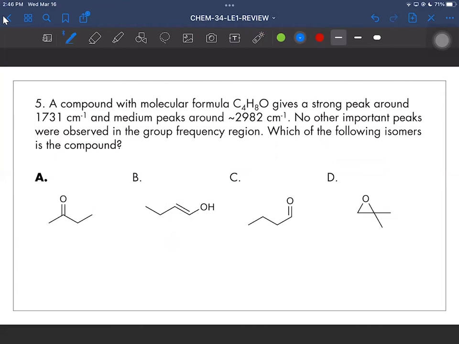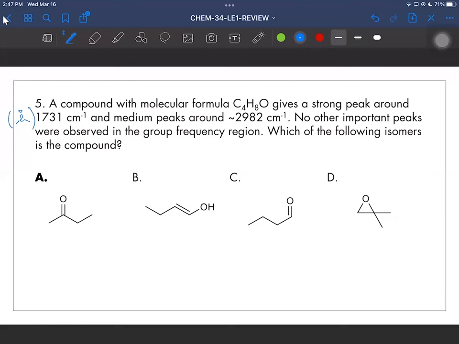The first data of 1731, we can pinpoint this to yung carbonyl group natin. The C double bond O carbonyl stretch is usually around 1700, and therefore we can assign this stretch as the carbonyl stretch.